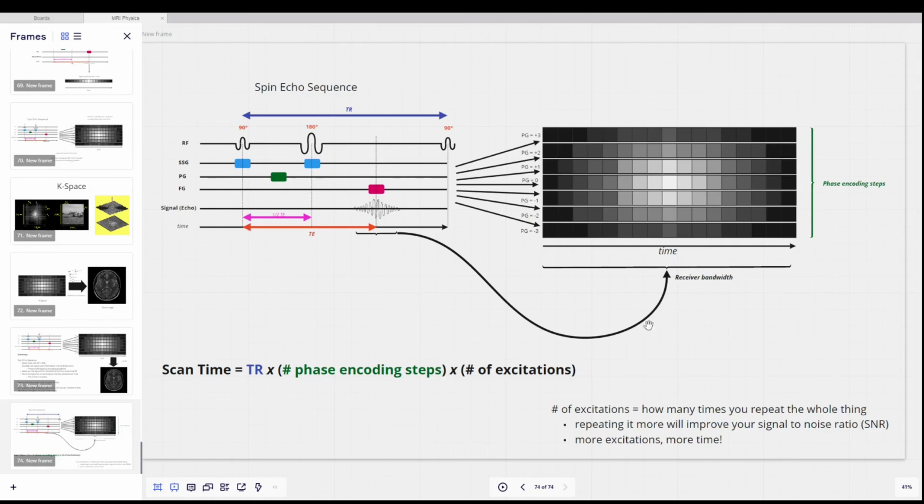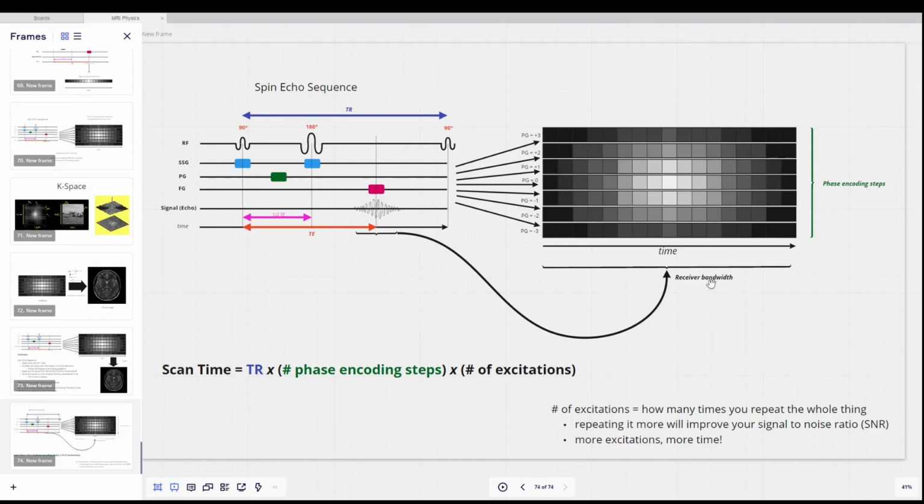Times how many times you're repeating this whole thing and doing it again. So the whole time it takes for you to do your scan is dependent on how long it takes to run a sequence, times how many times you're running that sequence, times how many times you're doing all of that. Okay, so that's what this equation means.